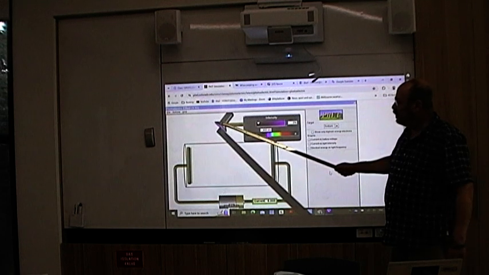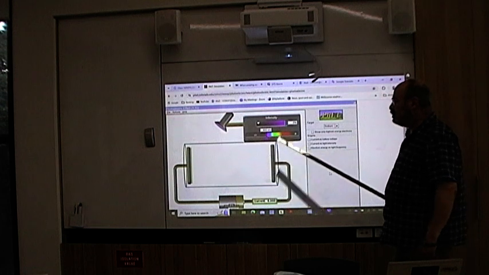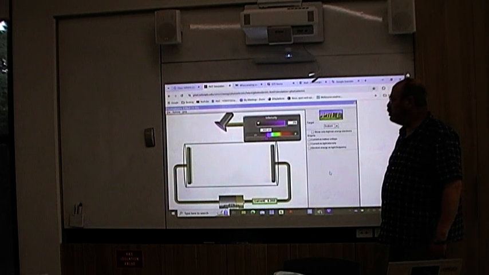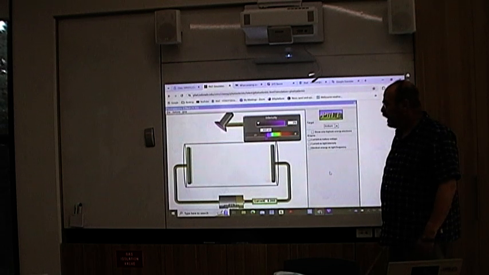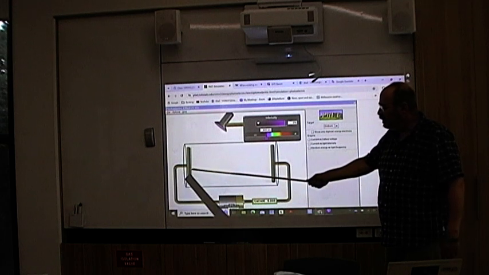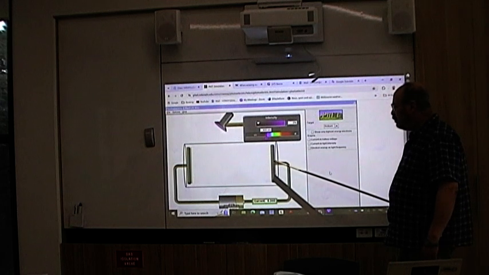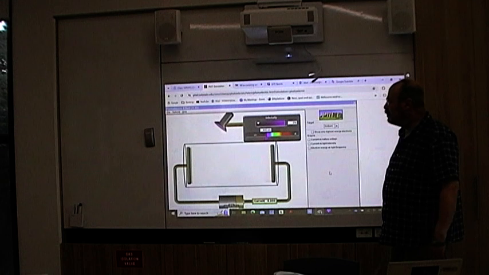We have a source of light, whose wavelength or frequency we can change, and we can change the intensity, so we can change the brightness of the light. Electrons will then come out of here and come to another plate, so we can measure the current that will flow through this.